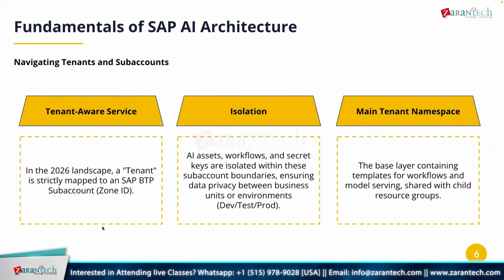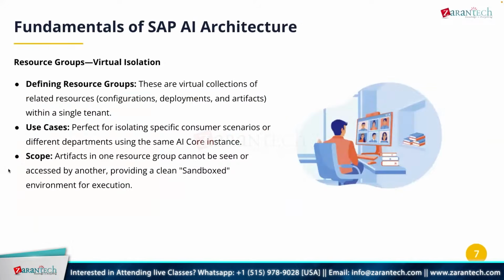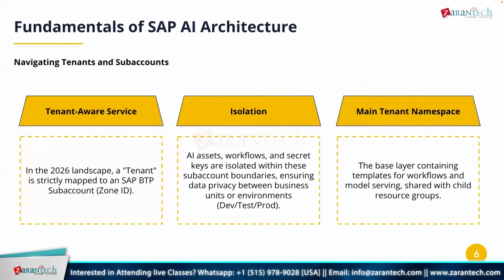Now, the fundamentals of SAP AI architecture. Here we see specifically a few things, like tenant-aware services, isolation, and maintaining the tenant namespace. In 2026, a tenant is strictly mapped to a BTP sub-account zone ID.